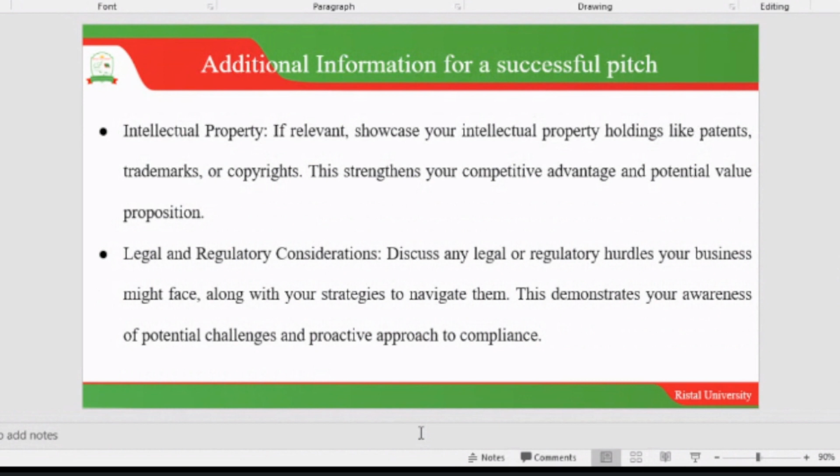Then legal and regulatory considerations should also be made mention of, such that the people know that you understand the area that you are innovating into. Okay, especially when we talk about the healthcare sector, there are a lot of regulations.